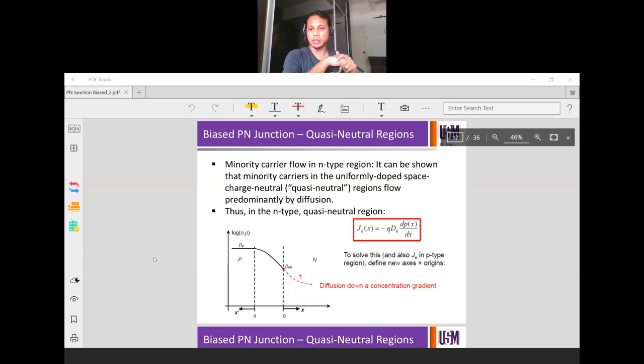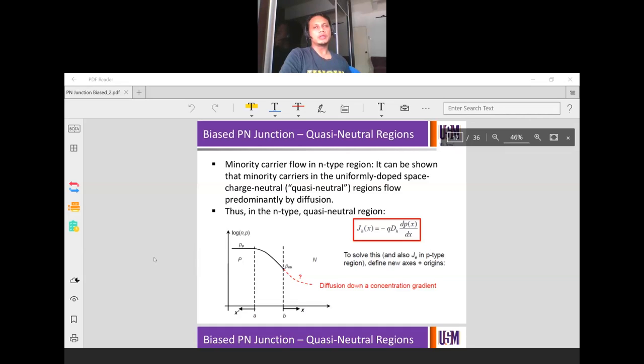Okay, let me recap the conclusion for today. We started off with thermal equilibrium, and we found out that the carriers stopped diffusing due to the potential barrier, due to the electric field at the junction in the depletion region, right?